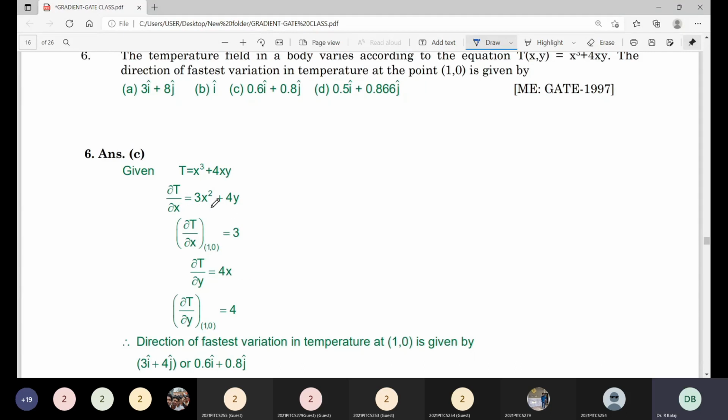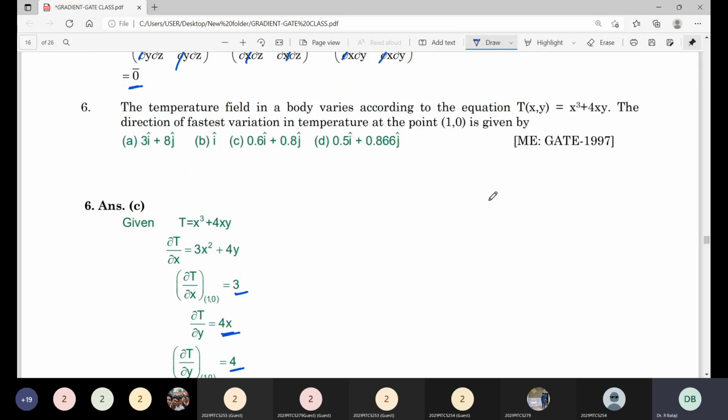So ∂T/∂x is equal to 3x squared plus 4y, which at the point (1, 0) is 3. Then ∂T/∂y is 4x, which at (1, 0) is equal to 4. The direction of the fastest variation in temperature at (1, 0) is given by 3i plus 4j, or 0.6i plus 0.8j. So the option is C. The C option is the correct answer.